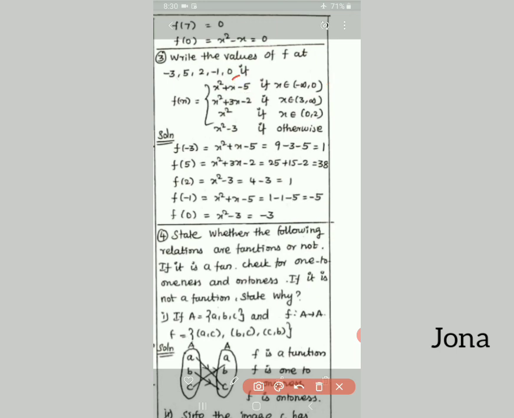In which interval will 0 be there? Here I couldn't take this, and here also I couldn't take this, because these are open brackets. But there is no other interval for 0, so I can straight away move to the otherwise. So I can take this function x square minus 3, and substituting the value, I got minus 3.